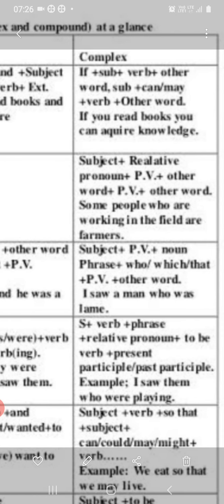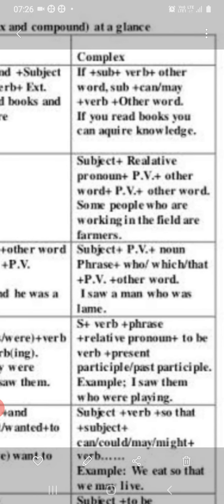In a complex sentence, in such a case, if it is just like a command, read books, then we can use a conditional clause. An if clause can be used. If you read books, you can acquire knowledge. If you read books, if is a subordinating conjunction.